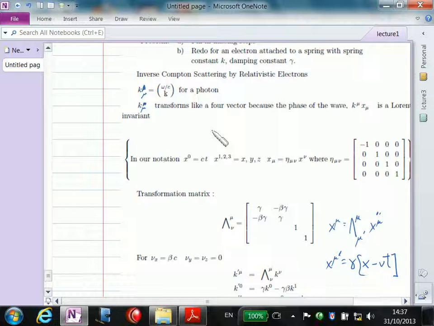So x minus vt, because t is positive and x is positive, is 0. So I know that if x prime remains the same in the frame, then if this is 0, then this will be 0. So it remains at the origin.